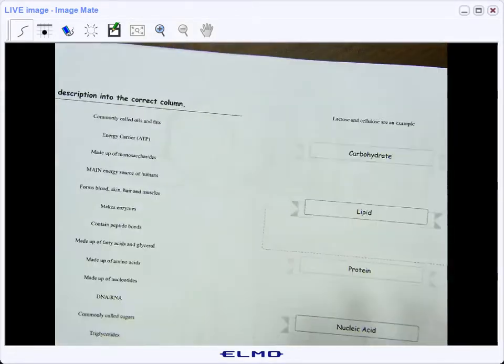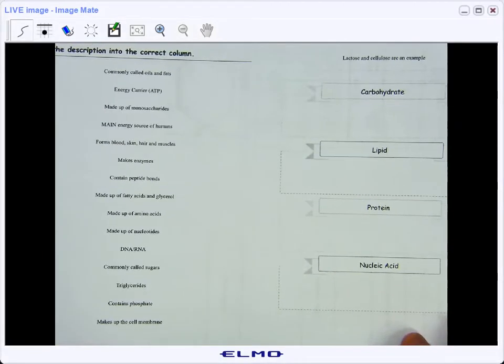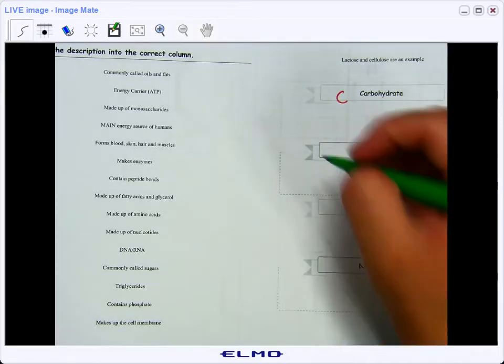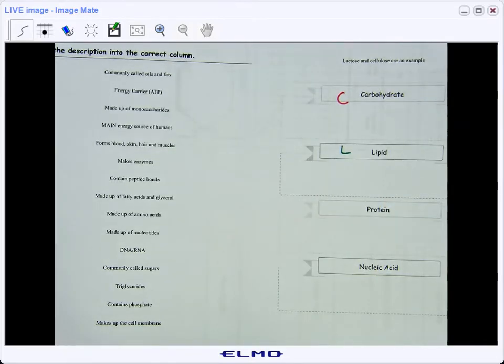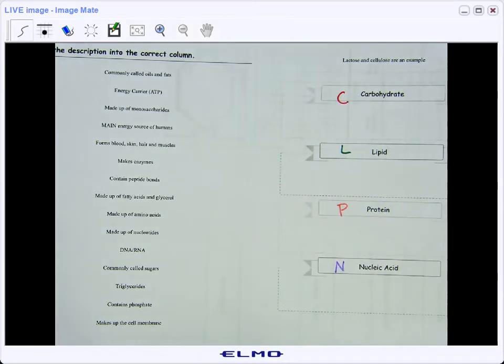All right, now we're going to sort these into their correct columns. We have carbohydrates, lipids, proteins, and nucleic acids. I'm just going to write a C for carb, an L for lipid, a P for protein, and an N for nucleic acids. So my carbohydrates.